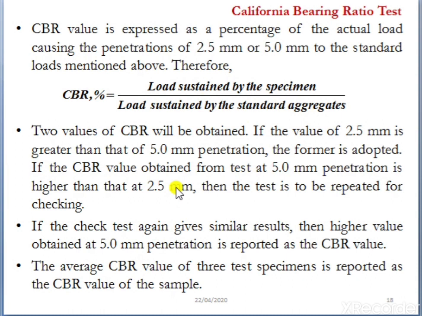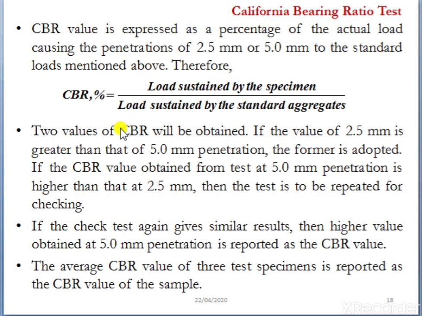The CBR value is expressed in terms of percentage and it is the ratio of the load sustained by the specimen to the load sustained by the standard aggregates or standard sample. So here the proving ring calibration factor is noted so that the load dial gauge value can be converted into load in kgs. From this we will obtain the load that is taken by the material.